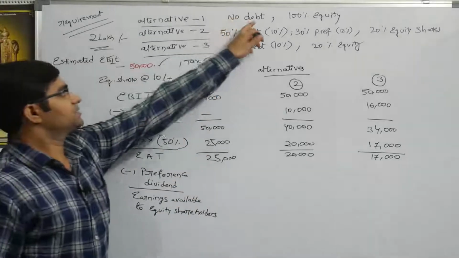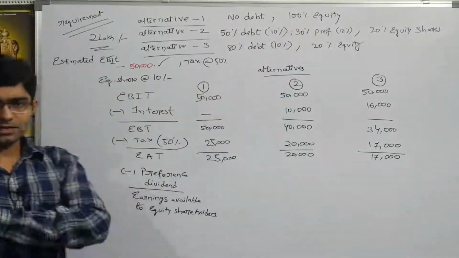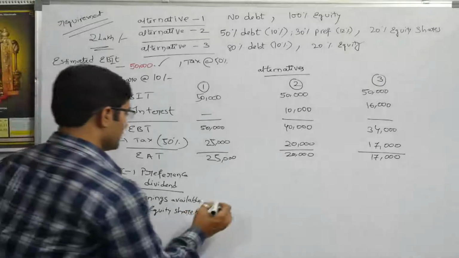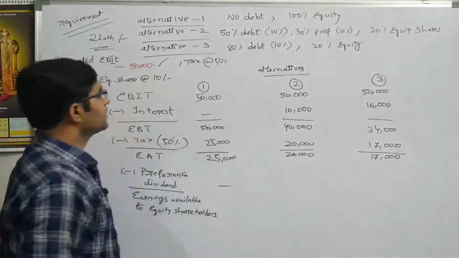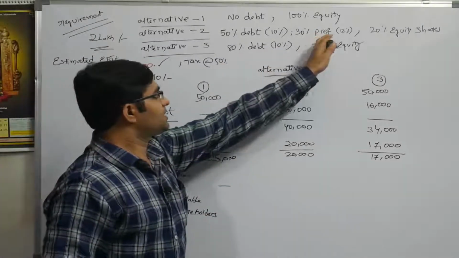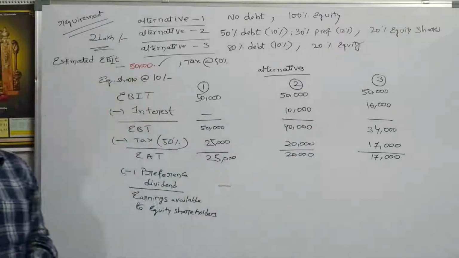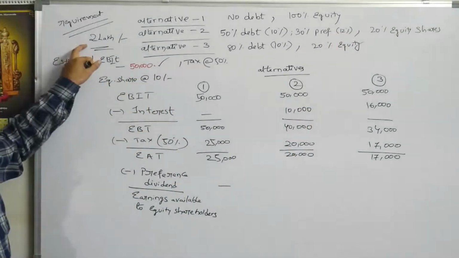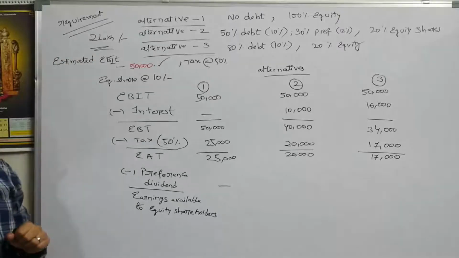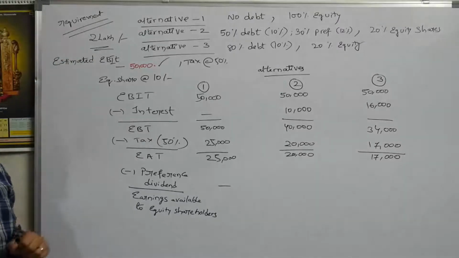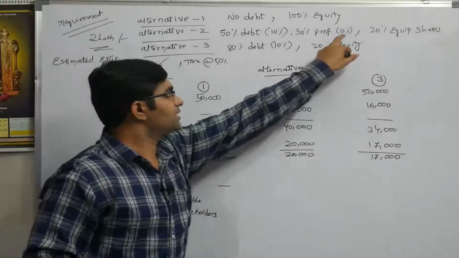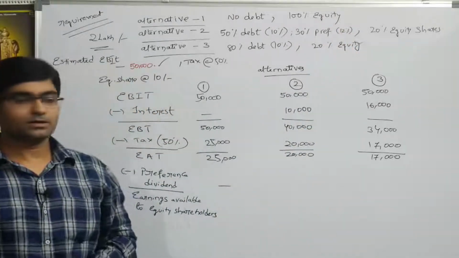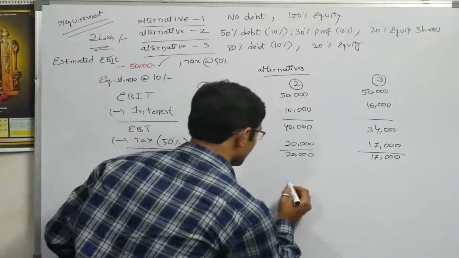In the first case, there is only equity, there is no preference, so preference dividend is 0. In the second case, 30% preference. In 2 lakh, 30% preference, that comes to 60,000. On that 60,000, 12%, 7,200 rupees.